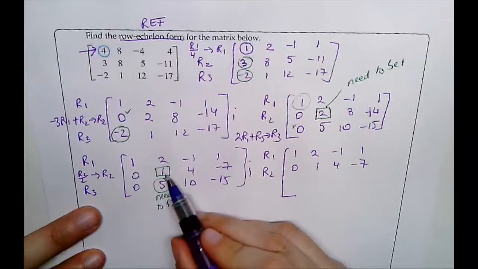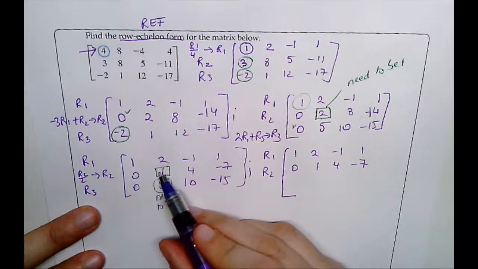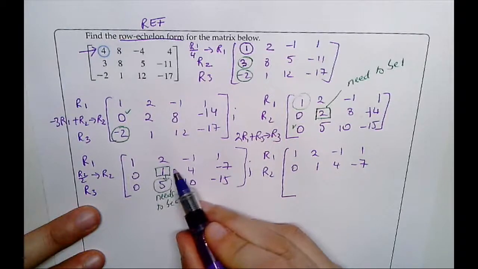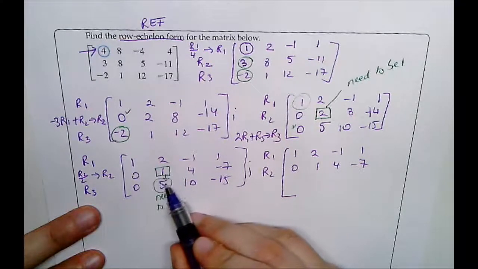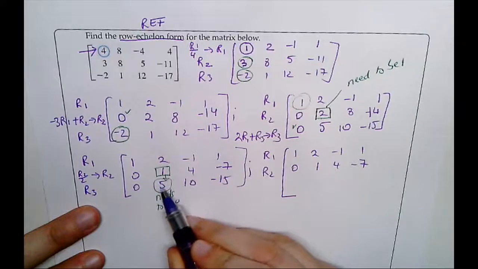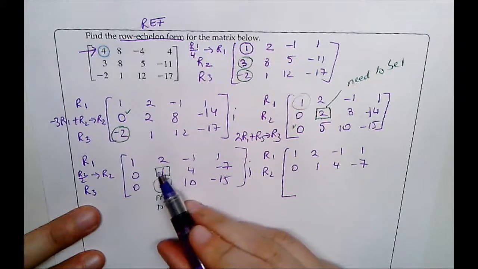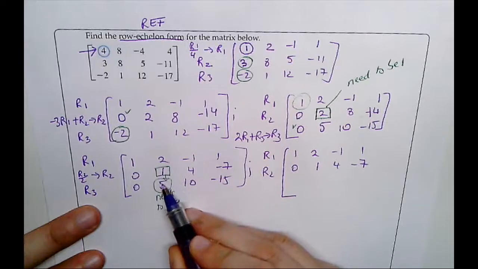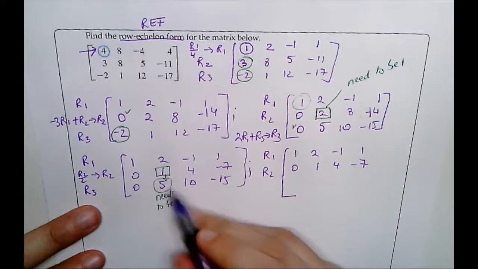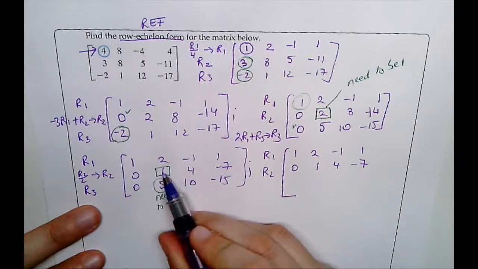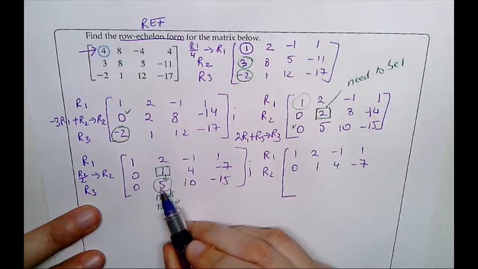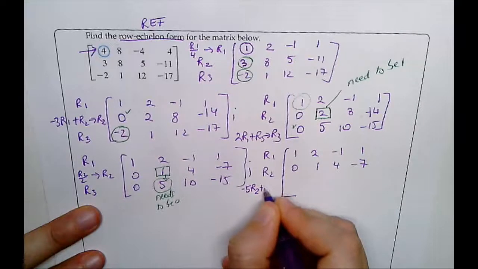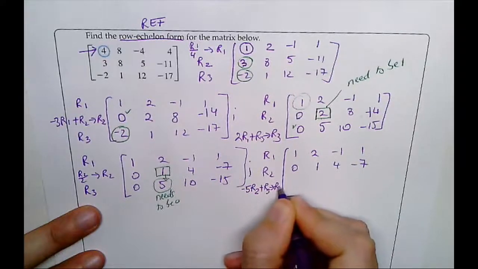Now I'm working with row 2, right? So I need a multiple of row 2 such that when I add it to row 3, this entry is going to become a 0. So what do I need to multiply here such that when I add it to this is 0? Well, negative 5. Because negative 5 times 1 is negative 5 plus 5 is a 0. So this is going to be negative 5 row 2 plus row 3 goes into row 3.